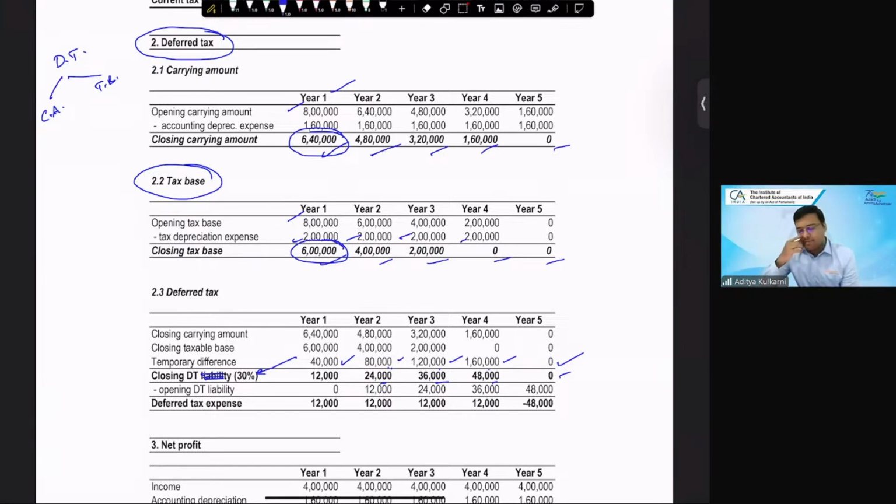Now, let us understand why I say that it is a deferred tax liability. Why is it a deferred tax liability? This is something which is very important. If you get this reasoning right, you have sailed through 80% of the topic.